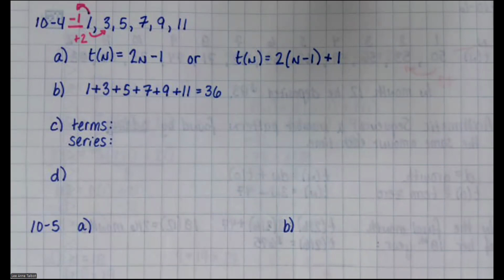Series have answers, which is a sum when you add them together. Okay, so sequences have commas, series have pluses, and there's an actual answer to the series. Okay, can you trust my math that my series comes out to be 36? Okay. Now we're going to look at this problem visually.